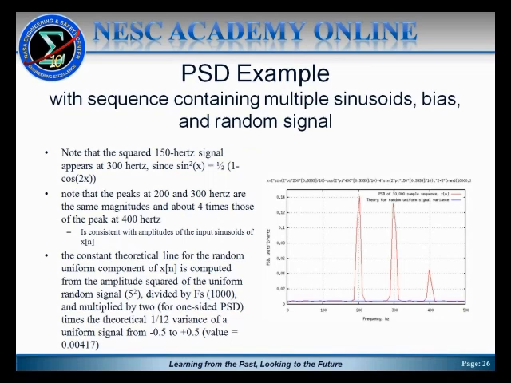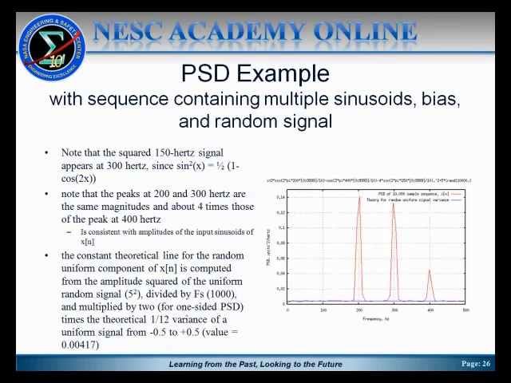Okay, now we'll discuss the PSD that we showed on the previous slide. Again, over on the right is shown the output of the PSD function for the 10,000 sample signal that we provided. Now you'll notice the 3 distinct frequencies show up: 200 hertz, 300 hertz, and 400 hertz. The 200 and the 400 are expected because we had put in a sinusoid at 200 hertz with an amplitude of 2, and a sinusoid at 400 with an amplitude of 1.